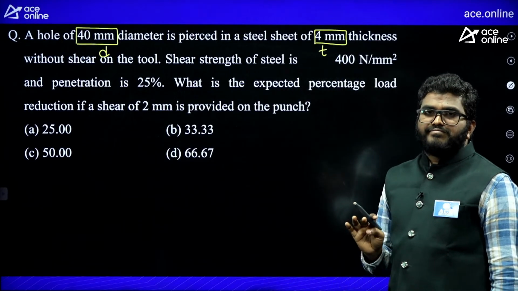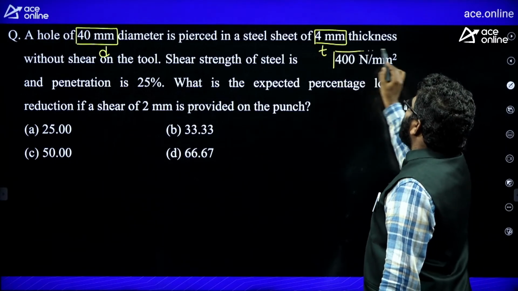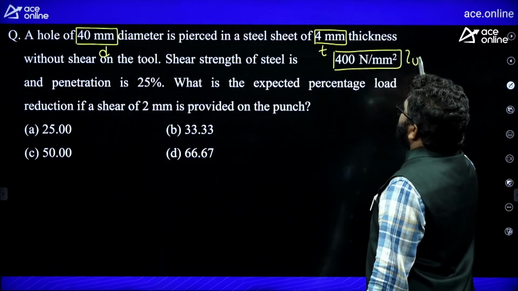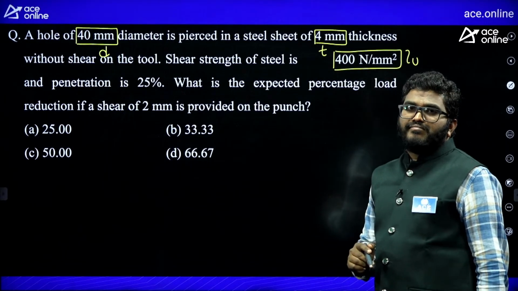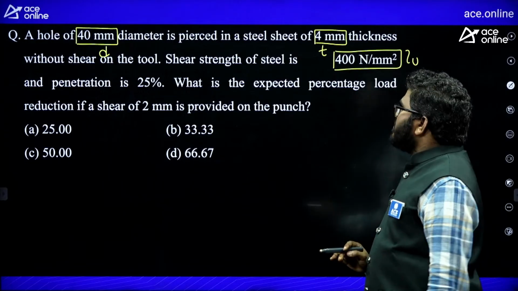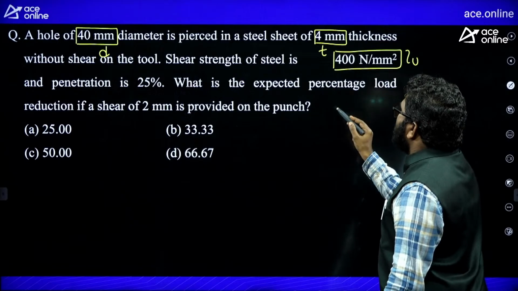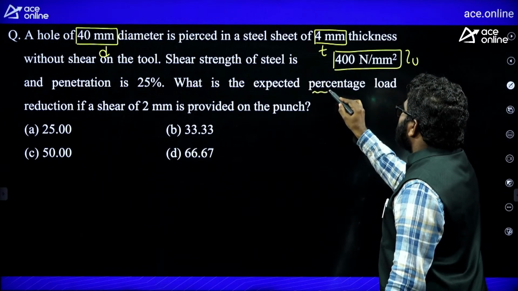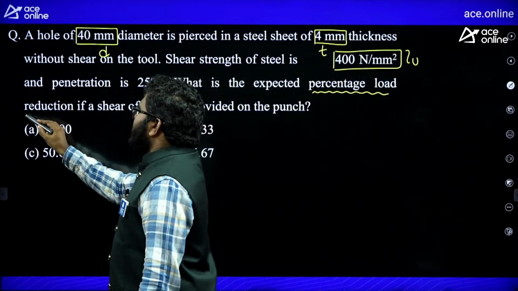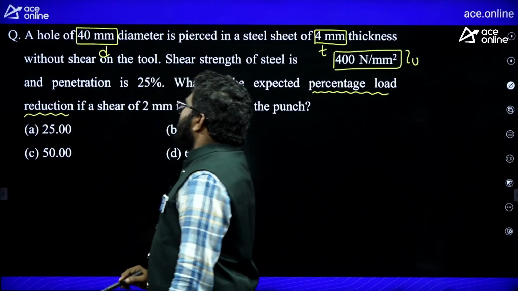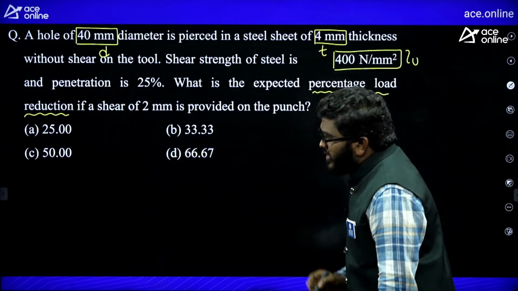Next, shear strength of the steel is 400 megapascal, tau u is given, and penetration is 25%. What is the expected percentage load reduction? Remember, this is important. Percentage load reduction if a shear is provided.